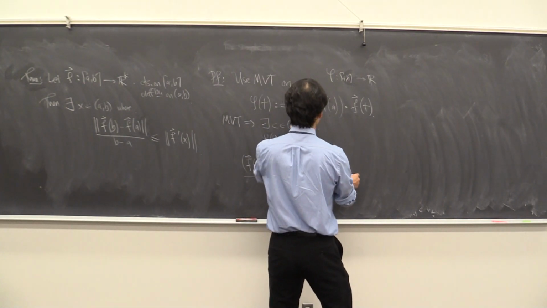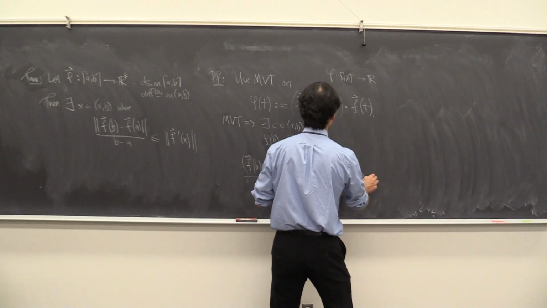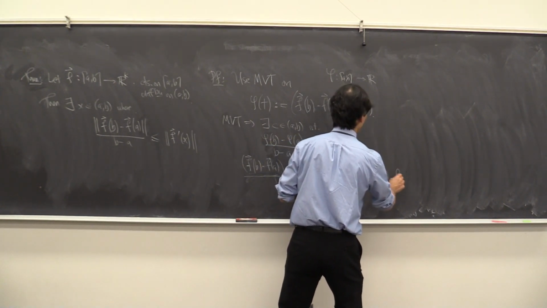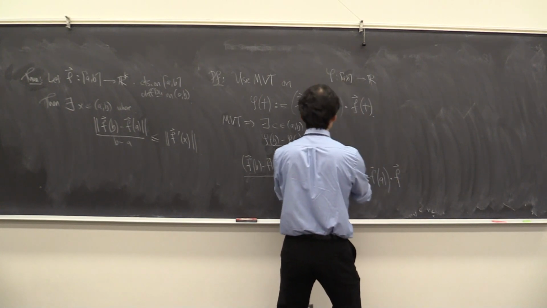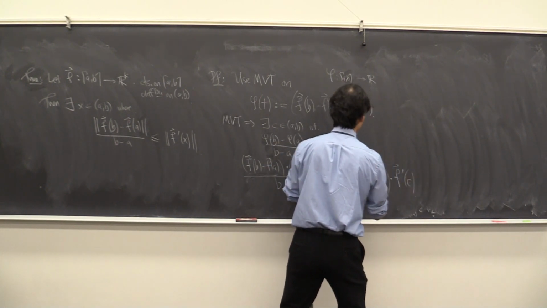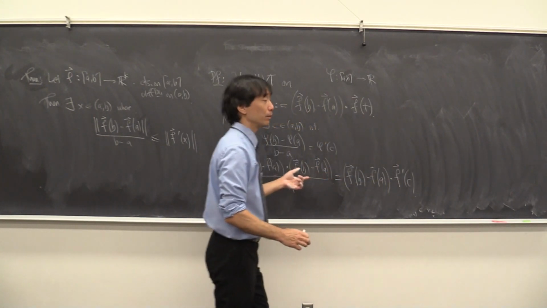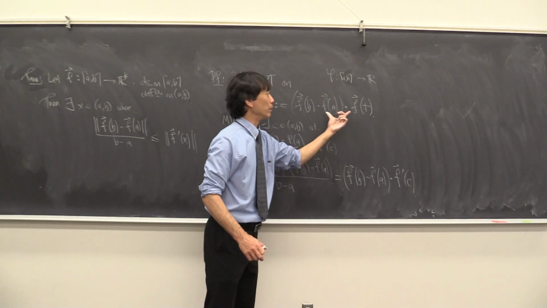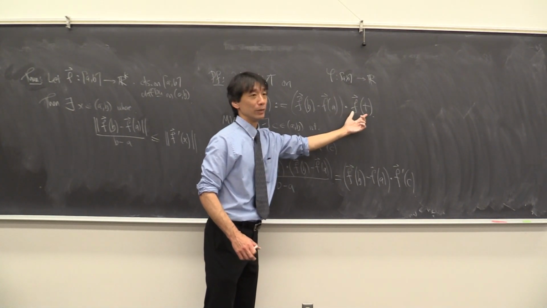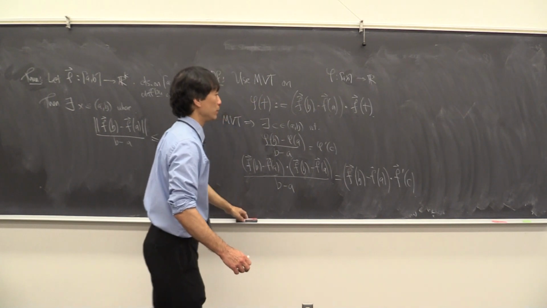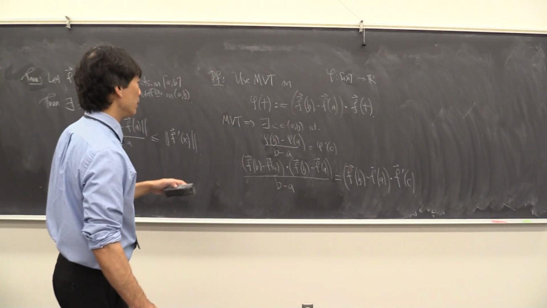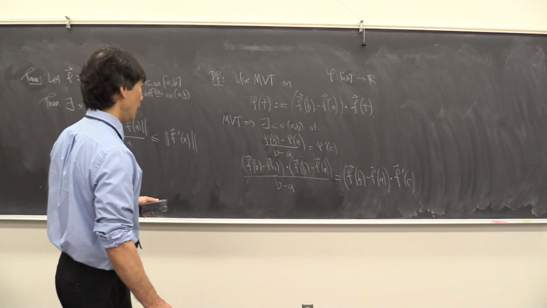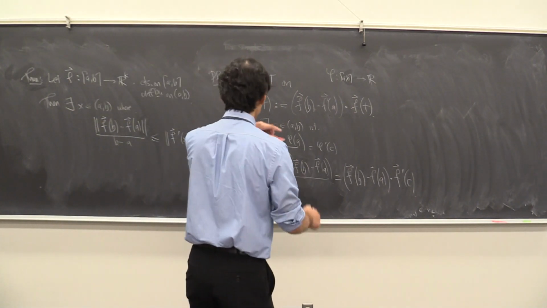Well, phi prime of c is going to be just this constant vector dotted against f prime of c, because this is constant. When you differentiate this, the derivative is just going to fall on this part. It's a constant. Okay, so what does that give us? These two things are equal.